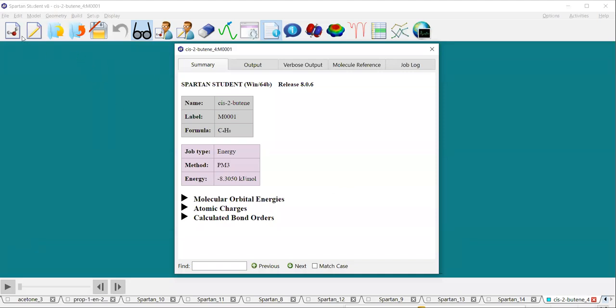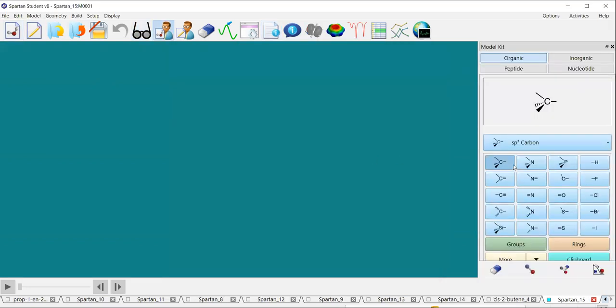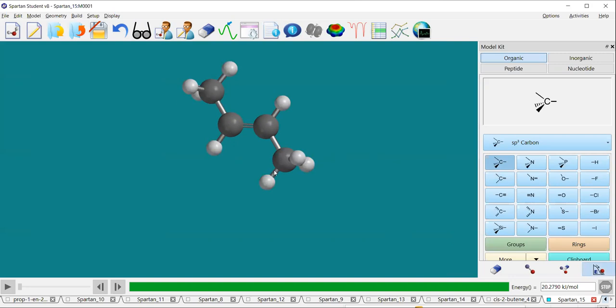Okay. So now I have to construct the molecule of trans-2-butene, minimize it, and again do my calculations.